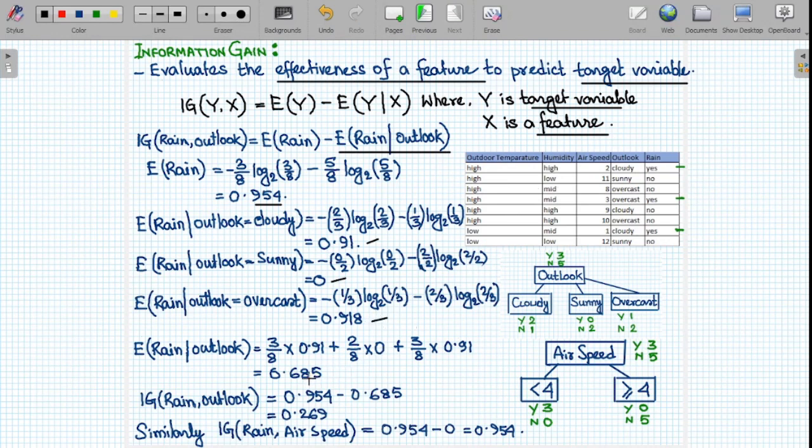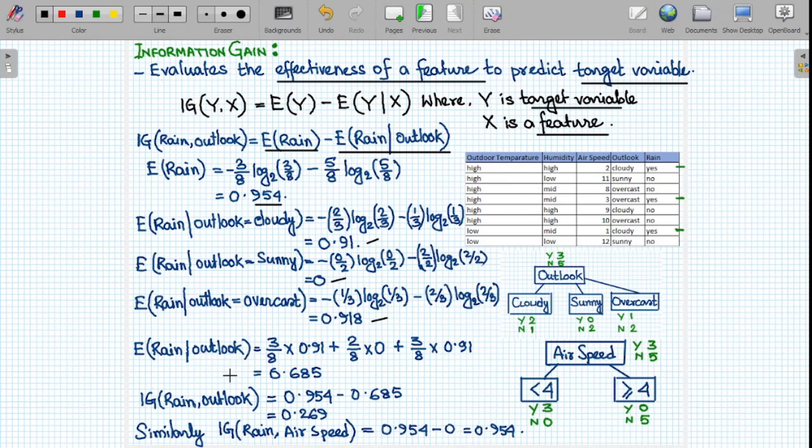Once we evaluate it, the value will be 0.685 and the total information gain of rain column with outlook feature will be 0.954 because we have this value minus 0.685 we have this value. The information gain is 0.27.